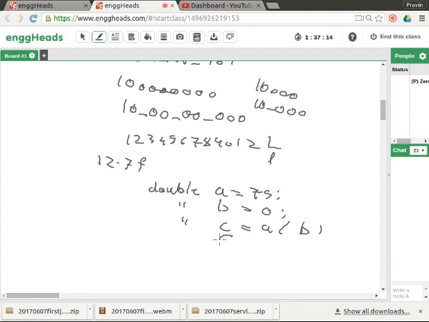When you divide something by 0, what's the answer? Infinity. And that's exactly what is there in C. C has the value infinity. If it was minus 75, C gets a value minus infinity. Okay. Fine. There's no error here.